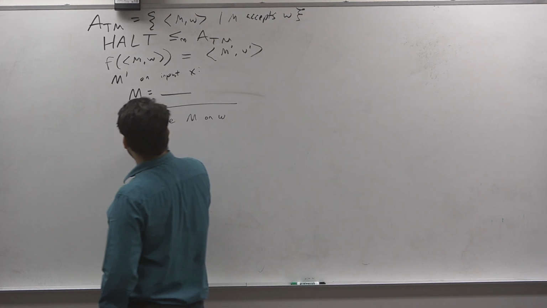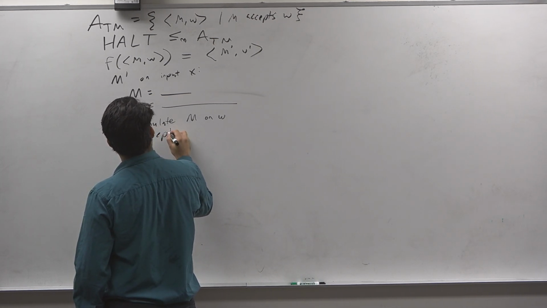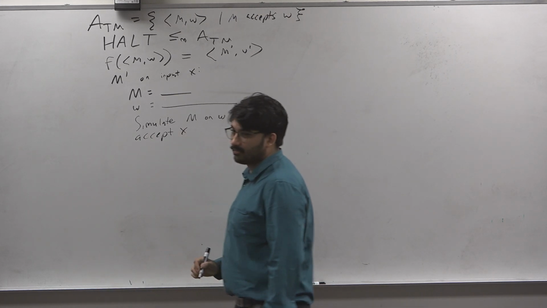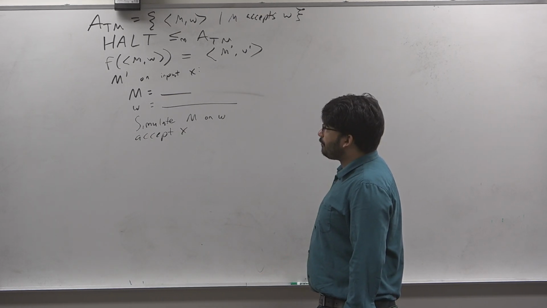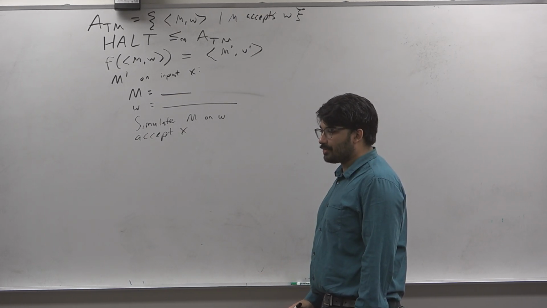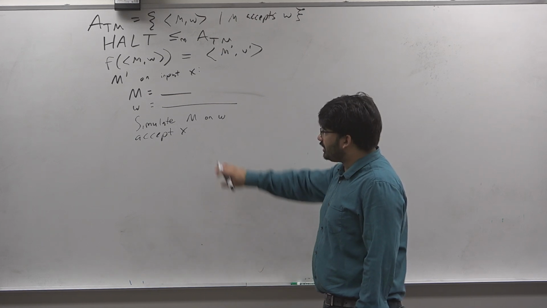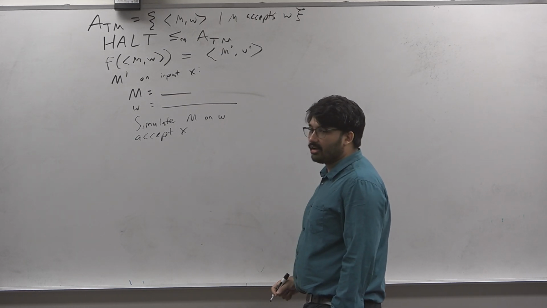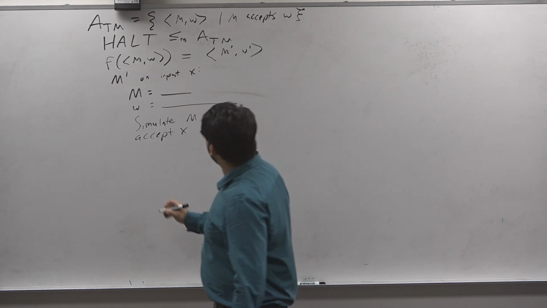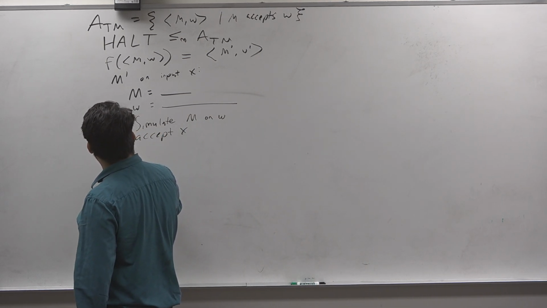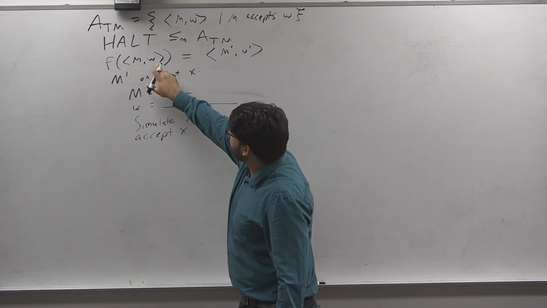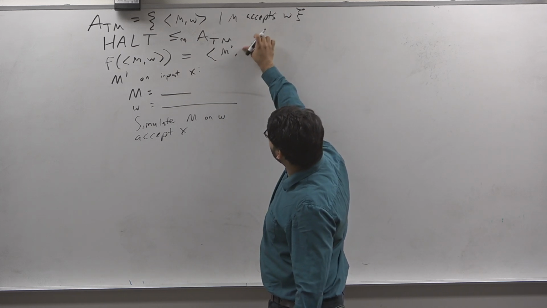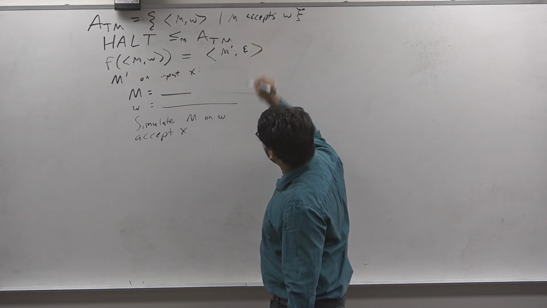Then we just say accept X. So M prime is not going to do anything interesting except have an infinite loop in the case that M has an infinite loop, specifically on a single input W. So then the reduction will simply take this M, this W, and output this M prime and just some fixed string, let's say the empty string. It doesn't really matter.